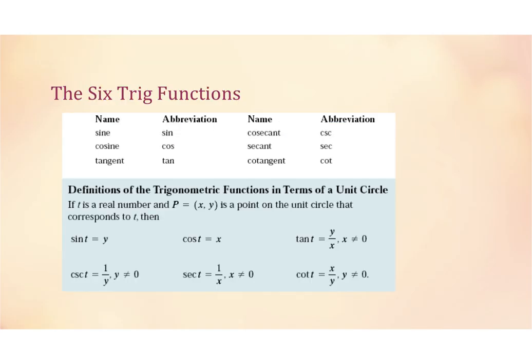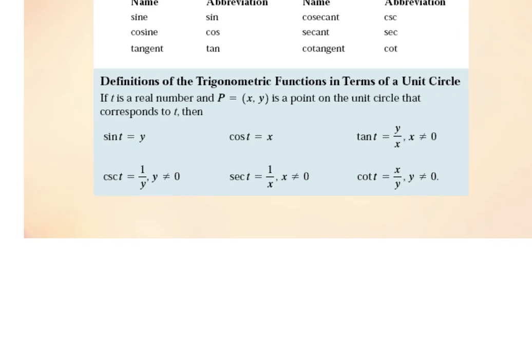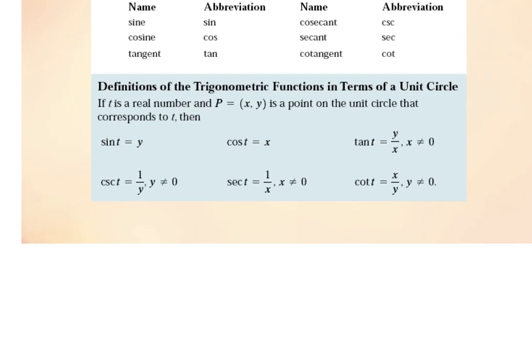Now we get into the trig. Sine, cosine, tangent, cosecant, secant, and cotangent. These are the six trig functions you're going to have to find the values for. On the unit circle, in which your radius is 1, the sine is the y coordinate of the point. The cosine is the x coordinate.